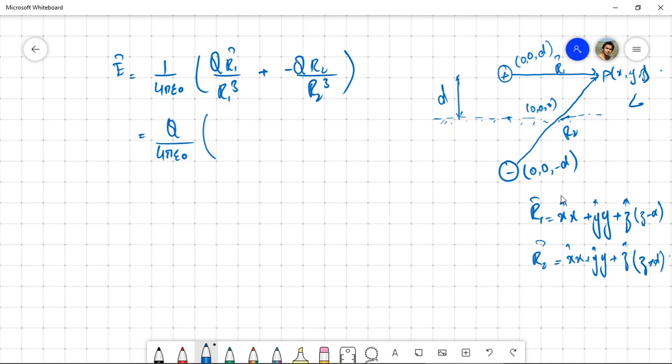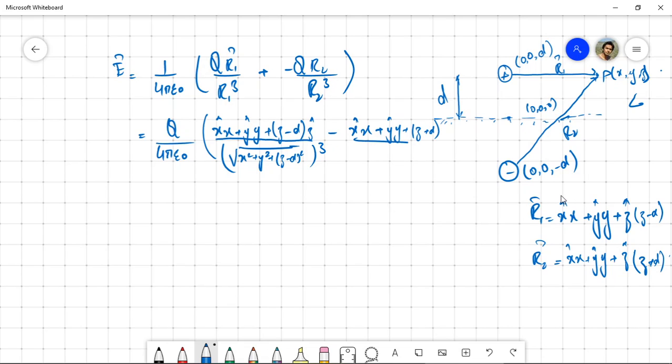So we will put the values of r1 here. This is x hat x plus y hat y plus (z minus d) z hat, this is the actual vector, divided by the square root of x squared plus y squared plus (z minus d) squared, and the cube of this thing, minus x hat x plus y hat y plus (z plus d) z hat divided by the square root of x squared plus y squared plus (z plus d) squared, and the whole cube.